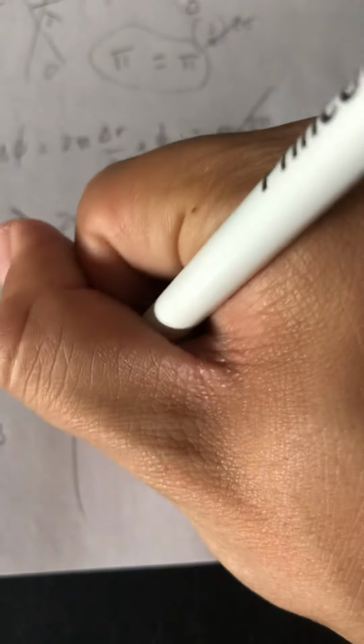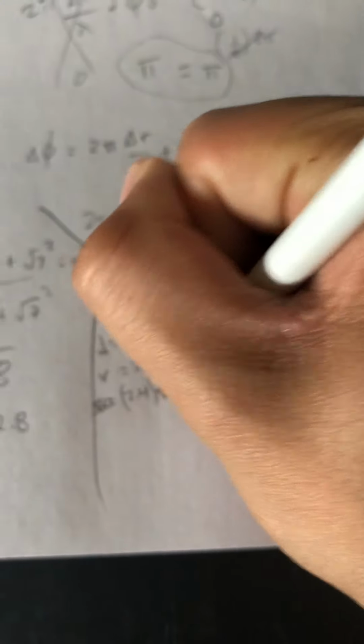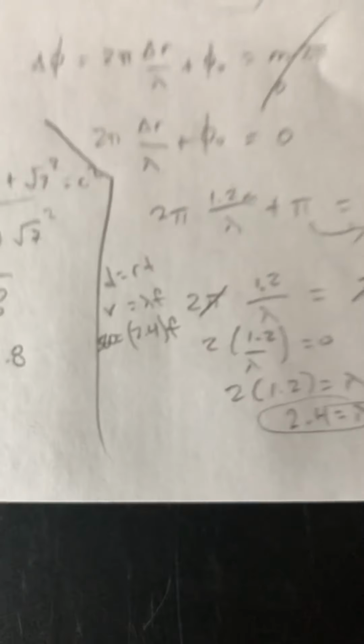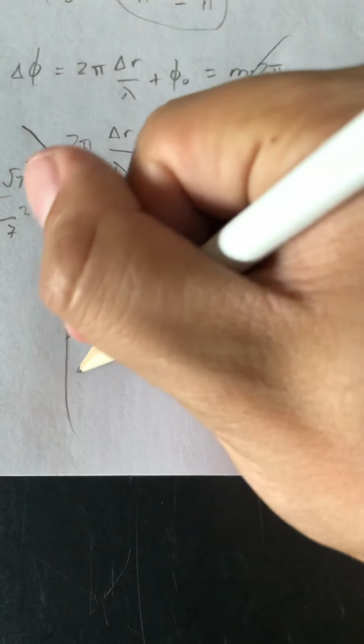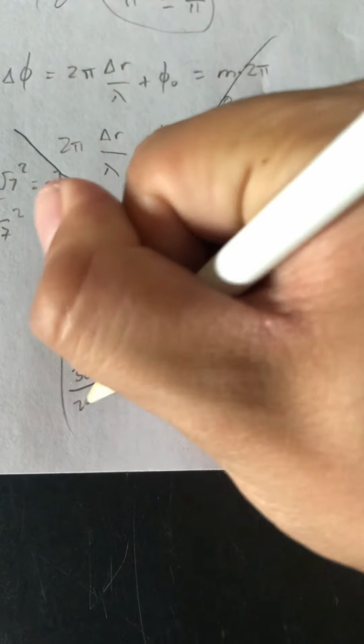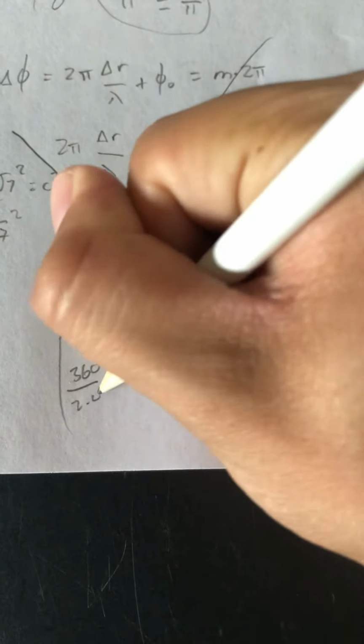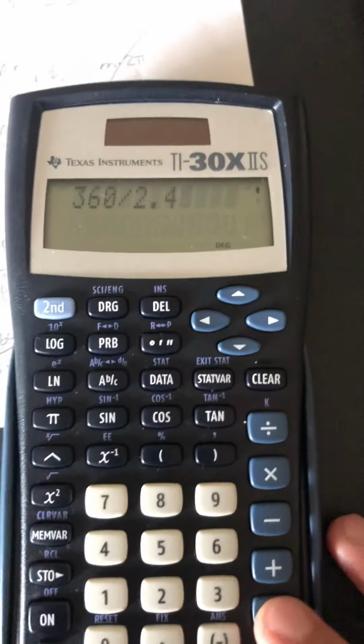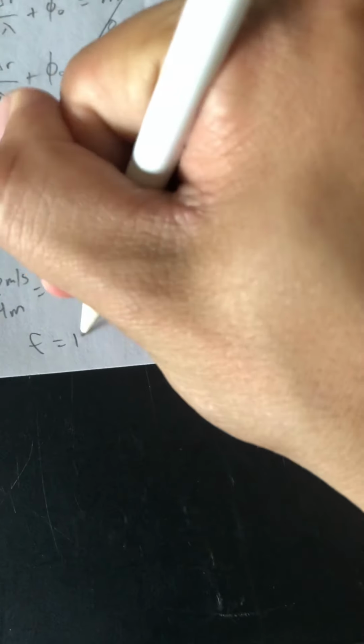So we have 360 equals 2.4 F. What we can do now is 360 divided by 2.4 equals F. What's 360 divided by 2.4? Equals 150 hertz. F equals 150 hertz.